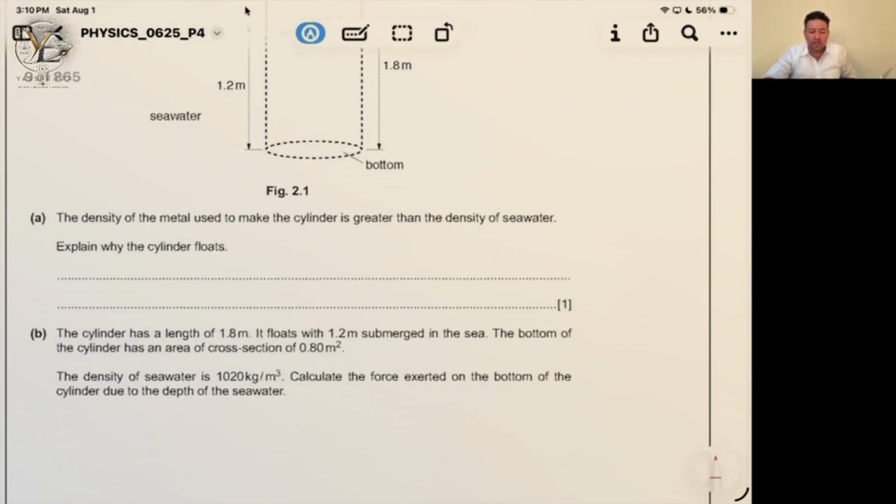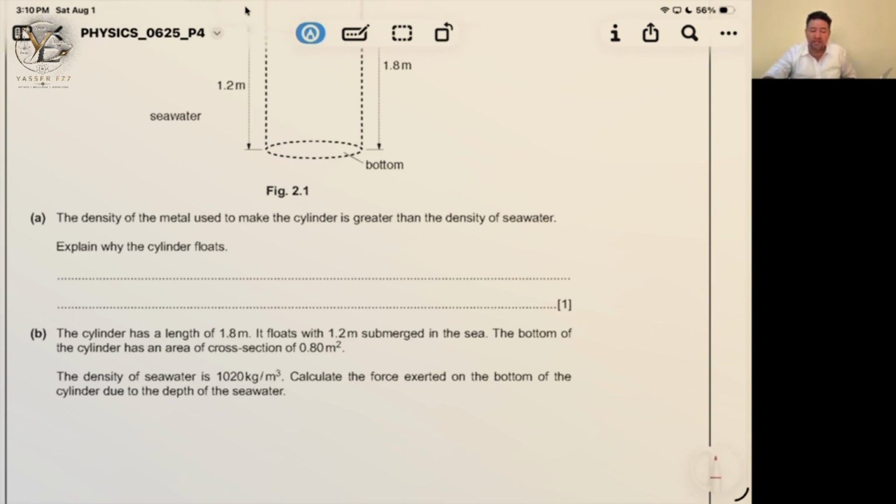The density of the metal used to make the cylinder is greater than the density of the seawater, so it's supposed to sink under the water. Explain why the cylinder floats. It is not the density of the metal only.